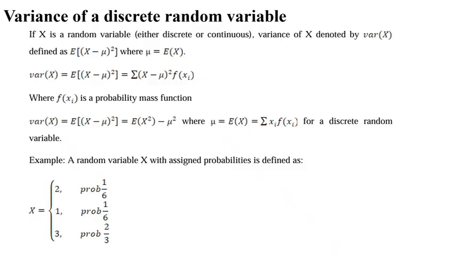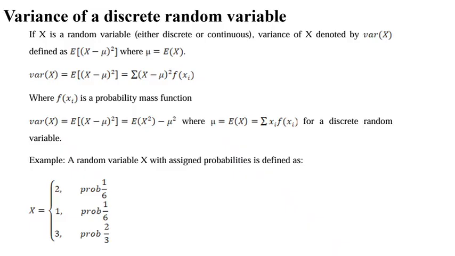So the variance is E of x squared minus mu squared, where mu is equal to E of x, which is equal to the summation of xi f of xi for a discrete random variable.